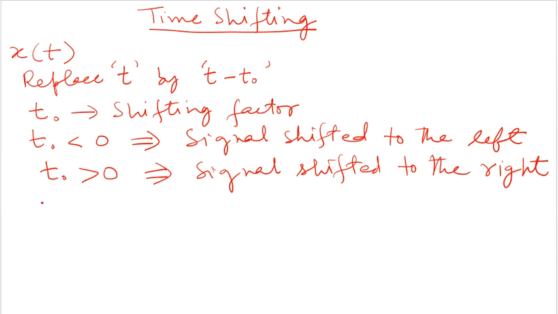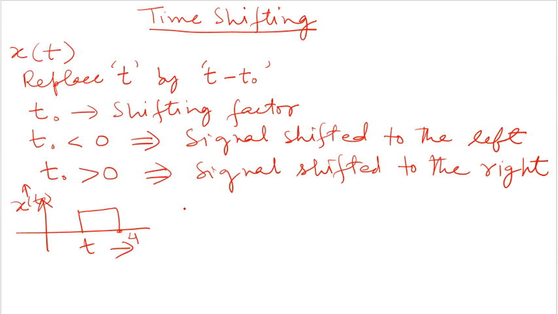Let us take an example. Suppose this is the signal x(t) and this is t. Suppose this is 2, and this is 4.